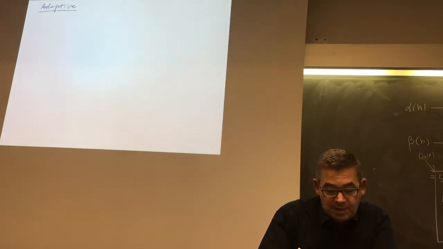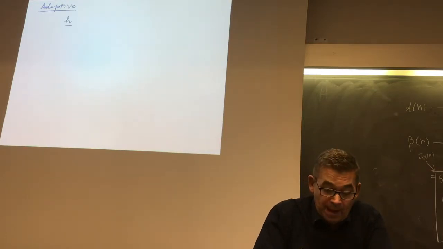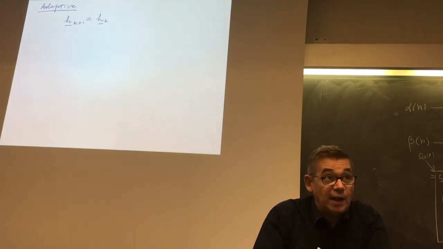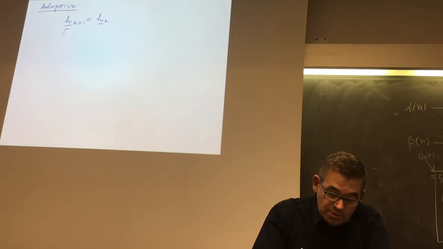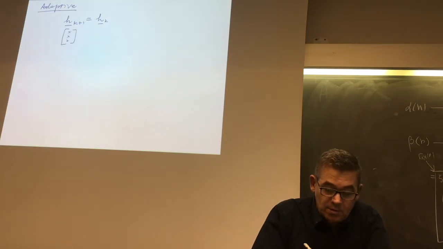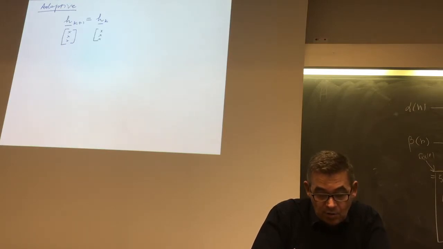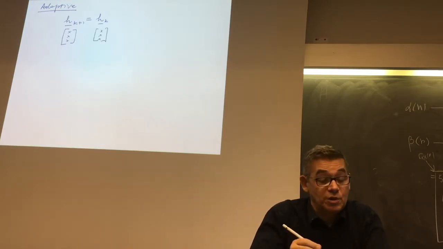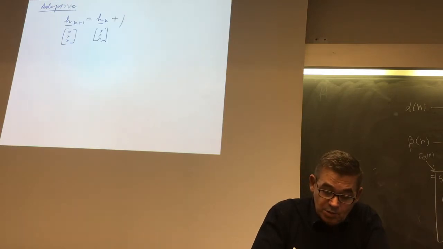So the adaptive algorithm says that the coefficient h at iteration k plus 1 is equal to the coefficient h at iteration k. Now this one is 3 times 1, so it's a vector with 3 coefficients. So I'm updating all the 3 coefficients, plus mu.